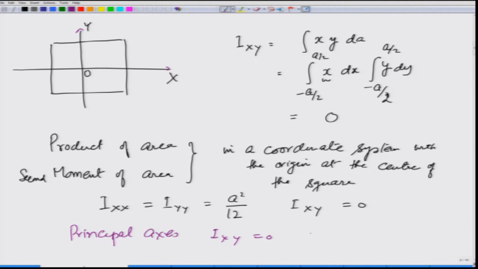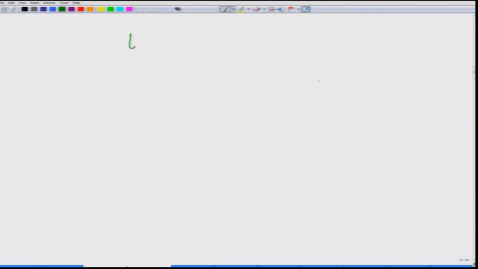Also notice in this case that you have tangent 2 alpha equal to 2 Ixy over Iyy minus Ixx, and this in this case comes out to be 0 by 0. That means I could take any alpha and the axis would be a principal axis.